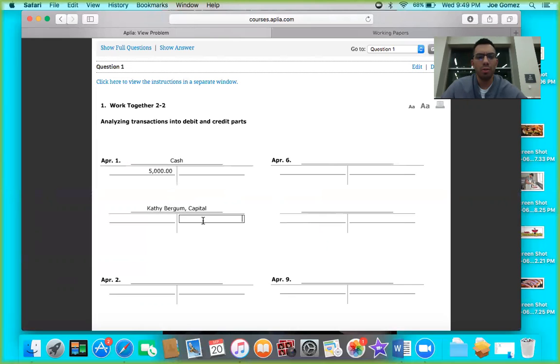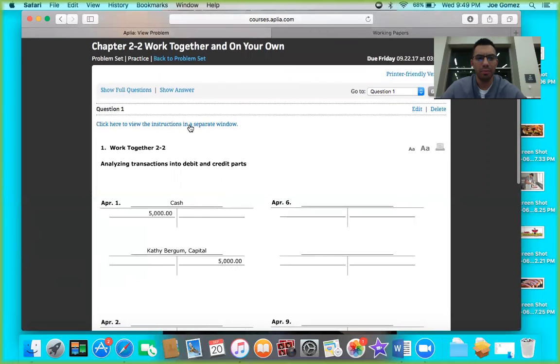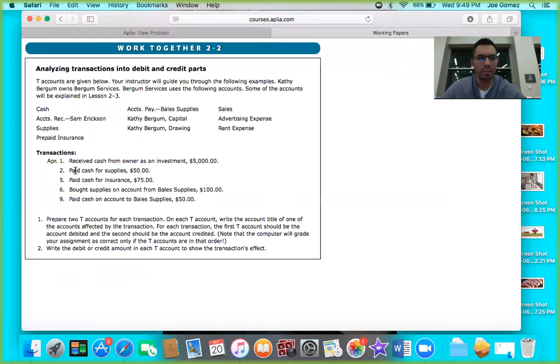I'm also going to increase Kathy Burgum's capital by $5,000, on the credit side because it's an owner's equity account. So I have now debited cash for $5,000 and credited capital for $5,000.